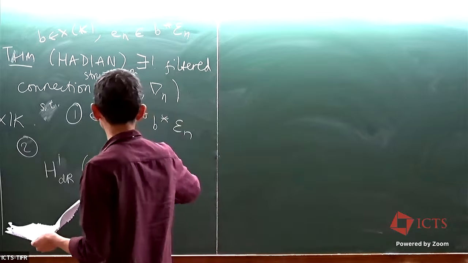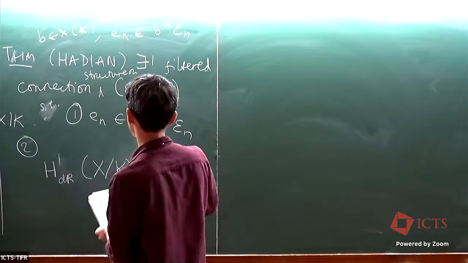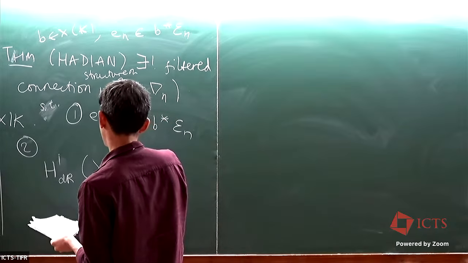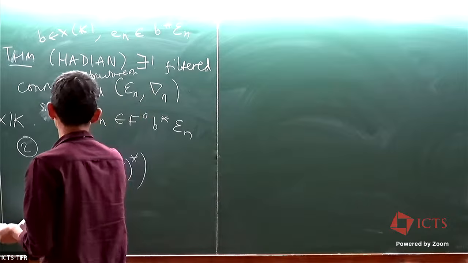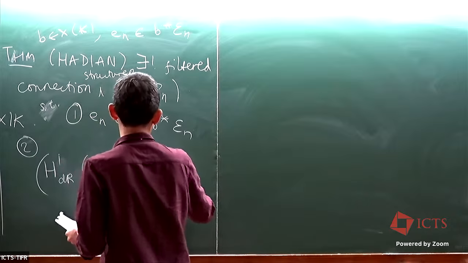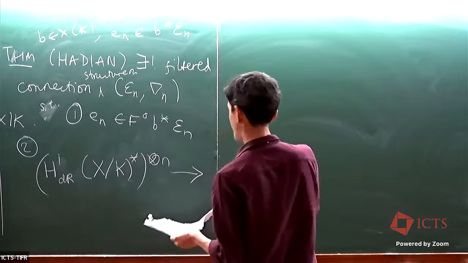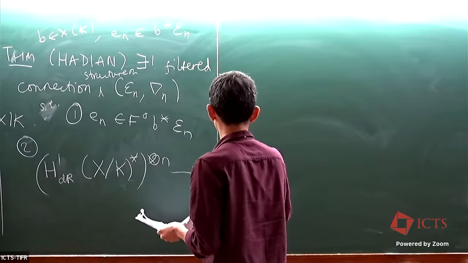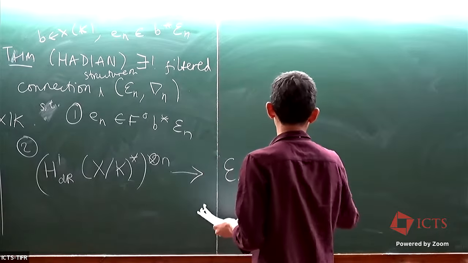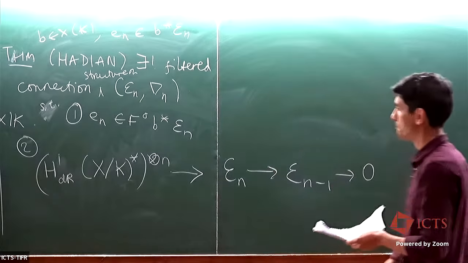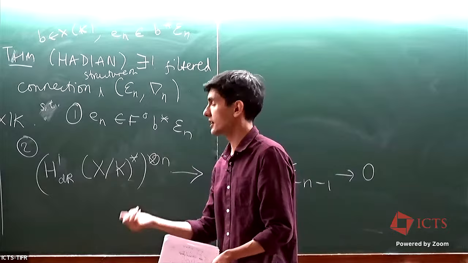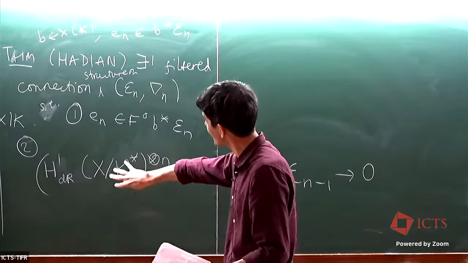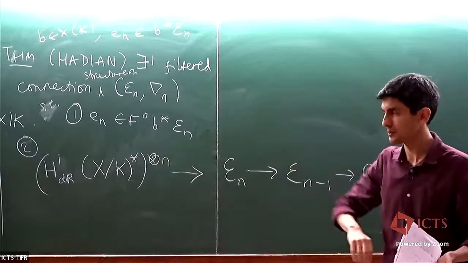It was a free associative algebra with some basis, but really the basis was just coming from choosing a basis of de Rham cohomology. So it turns out that there's an exact sequence like this, going from this to E_{n-1}. In the case we saw at the end of the last lecture, rather, this morning, this was injective, but in general it doesn't have to be injective.